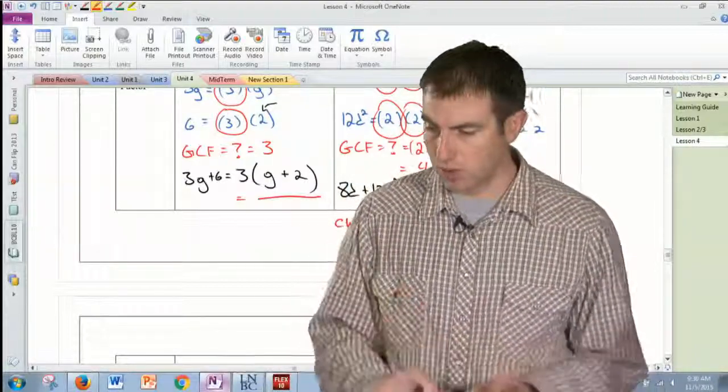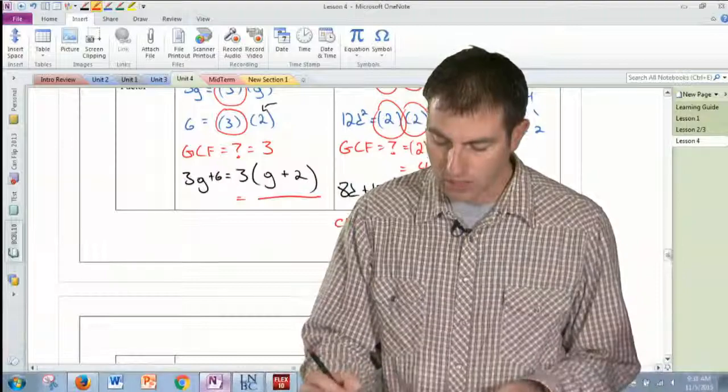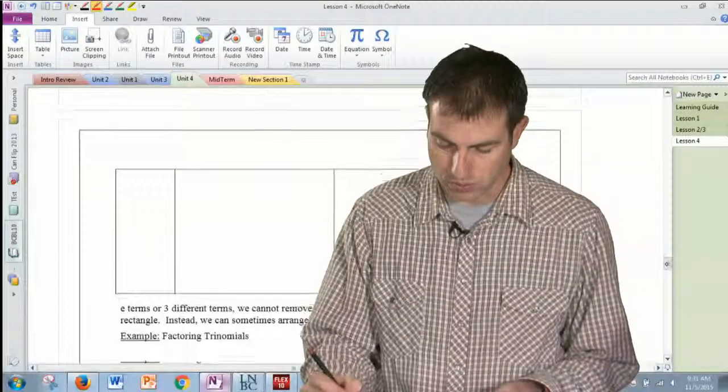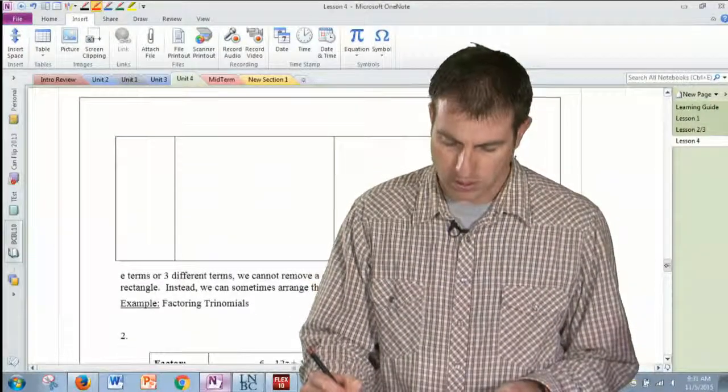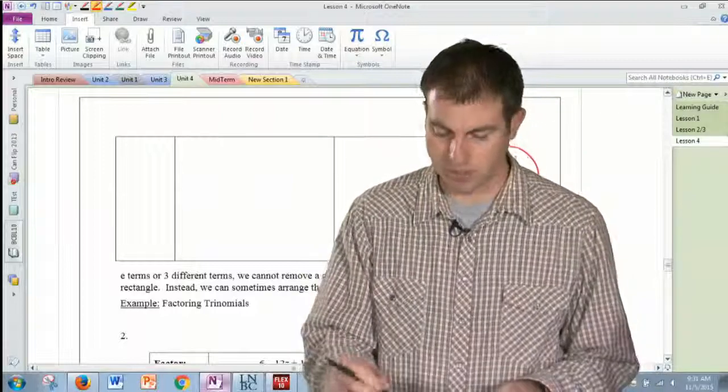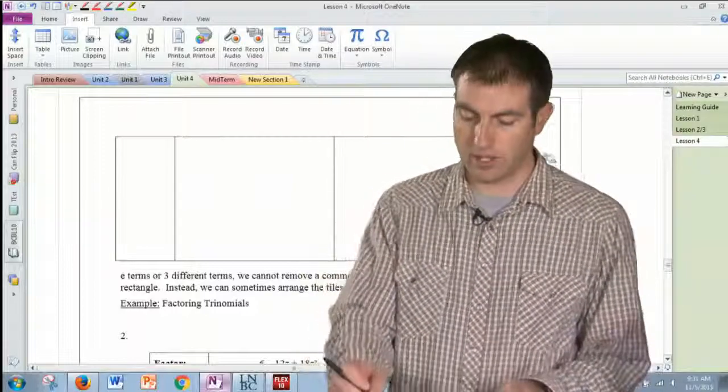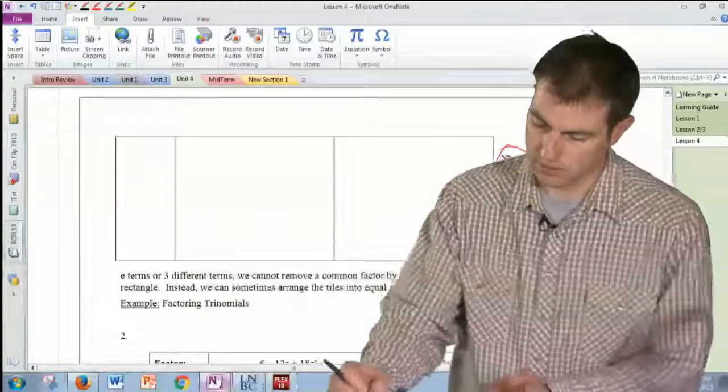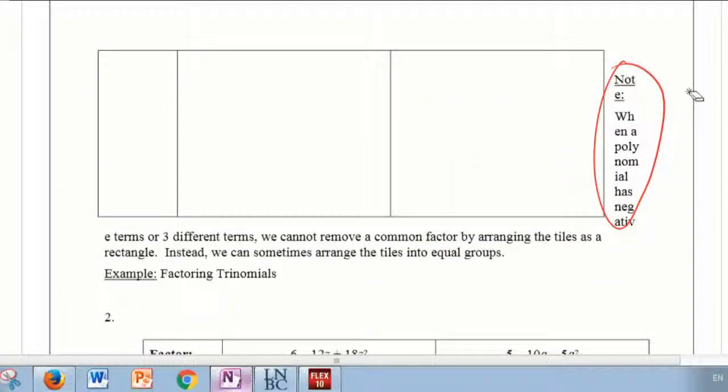Again, the next 2 questions, you have the option to use algebra tiles. I don't really like how that turned out, but oh well, a little formatting error there. So you get to read vertically. Note when a polynomial has negative terms or 3 terms, we cannot remove a common factor by arranging the tiles as a rectangle. Instead, we sometimes arrange the tiles into equal groups.